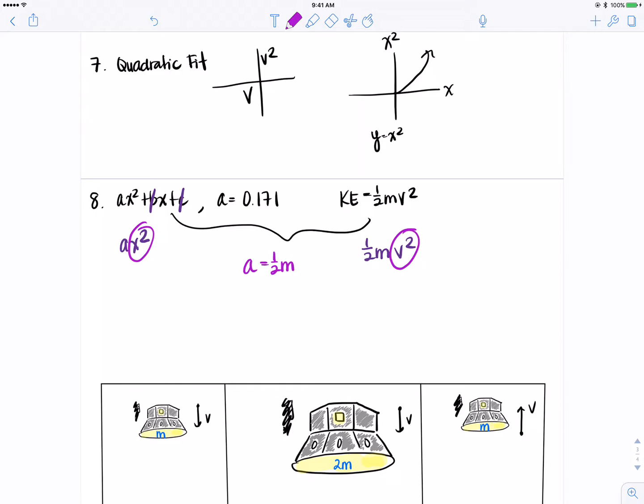And so a was 0.171, 1/2 of 0.35, and 0.5 times 0.35 is 0.175. So I'm really, really close.